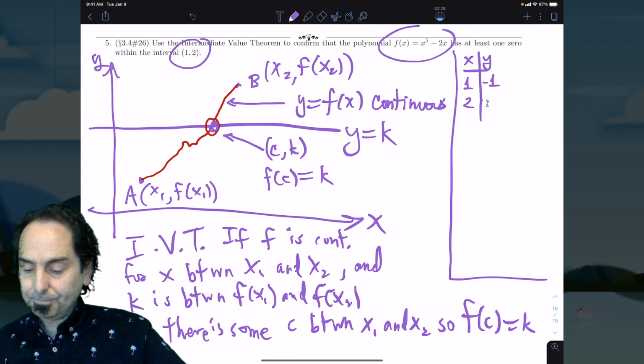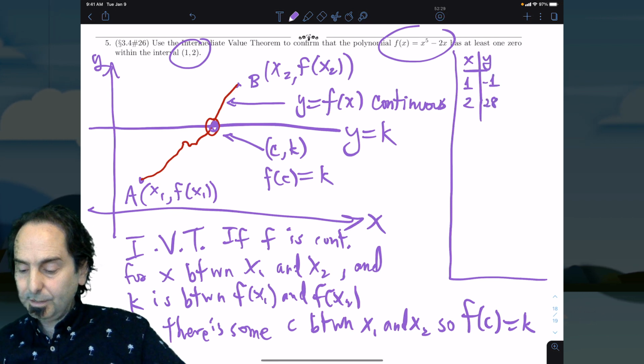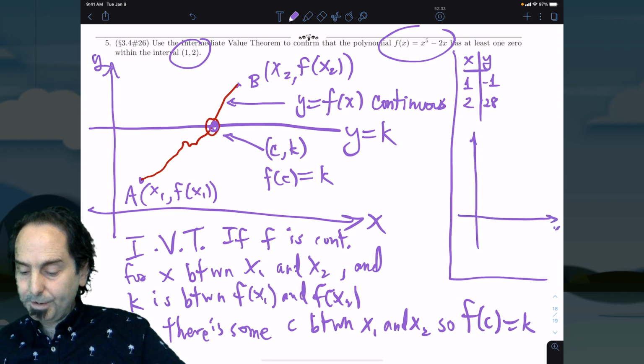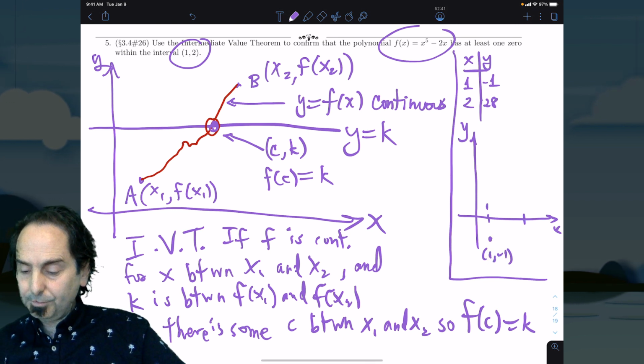And so if I try to graph this, here's x, here's y, then I know it goes through this point, 1, -1. This is 1, and let's say this is 2. It'll go through this point, 2, 28.